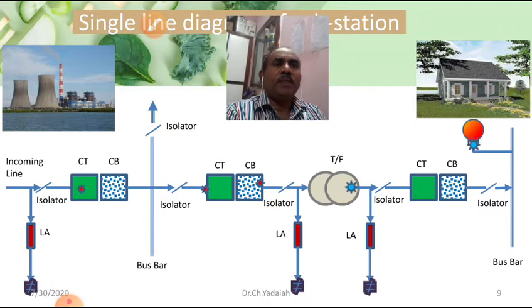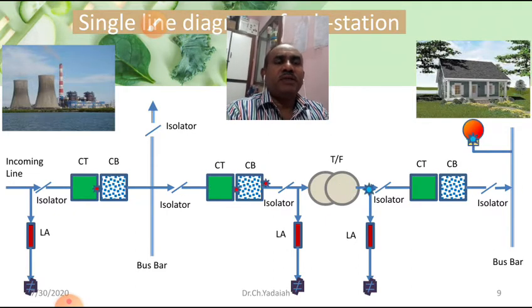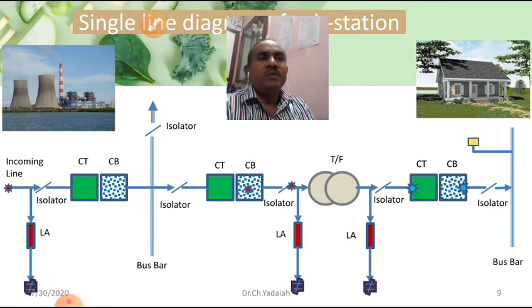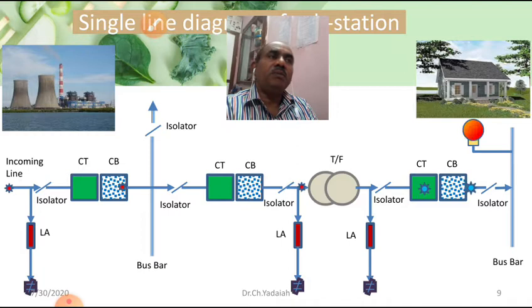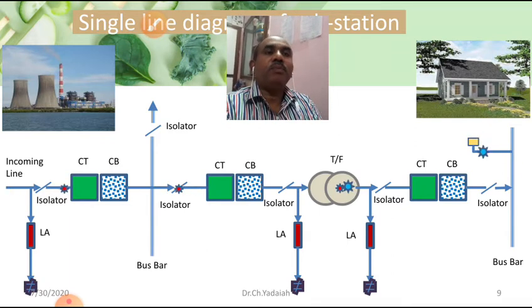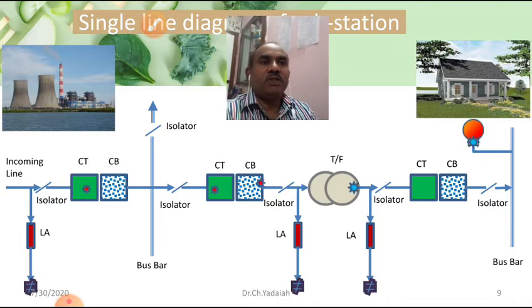So from this station to this station, at every substation, every stage, we use different ratings, different types, and different companies of switchgear. Also we use every high voltage switchgear redundantly, two in parallel. If one fails, automatically the other will take care. That is the importance of switchgear and protective equipment in our substations.